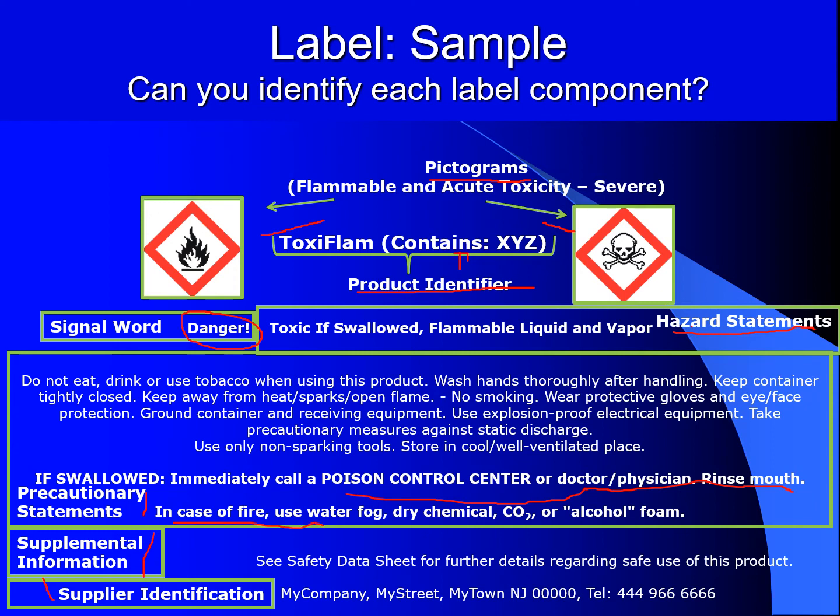In case of fire, use water fog, dry chemical, CO2, or alcohol foam. So this label identifies all the information you'll need for the product that you're using and the different hazards that are associated or may occur.